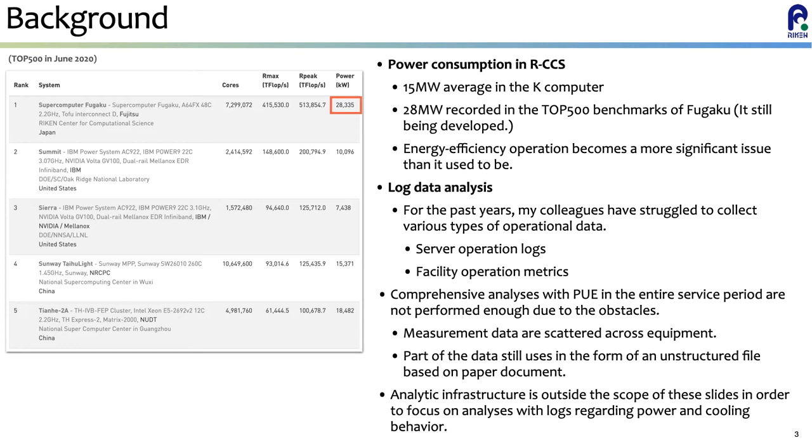On the other hand, enormous computer systems like the K computer and facilities commonly produce various types of data. We believe that their abundant expertise is buried in the data. For the past several years before this project started, my colleagues have struggled to collect various types of operational data. In this study, we used 2 types of data from that, specifically server operation logs and facility operation metrics.